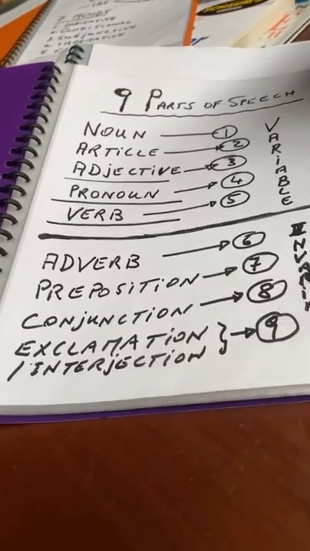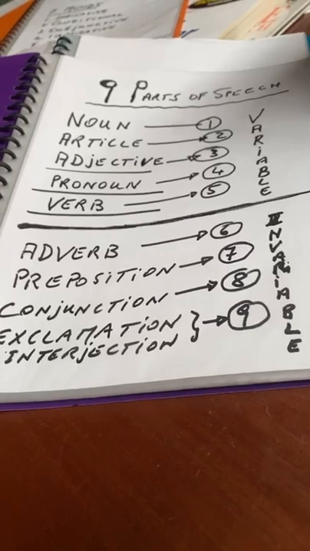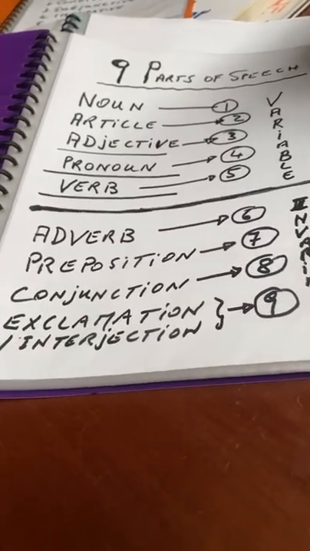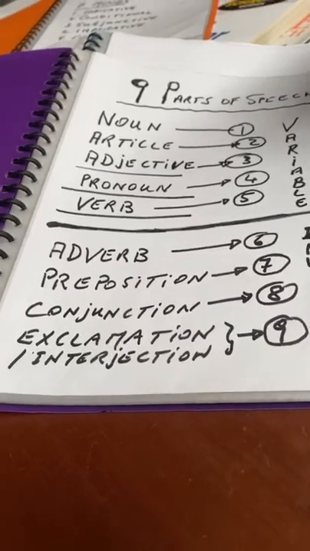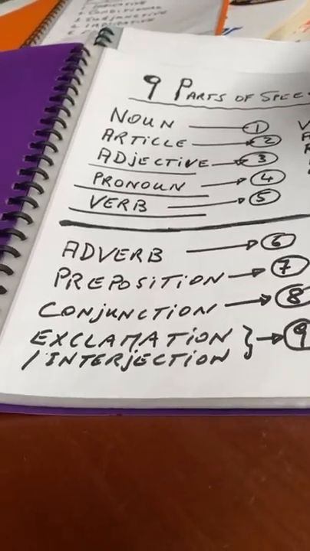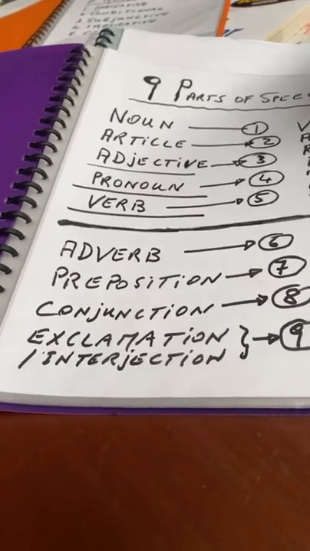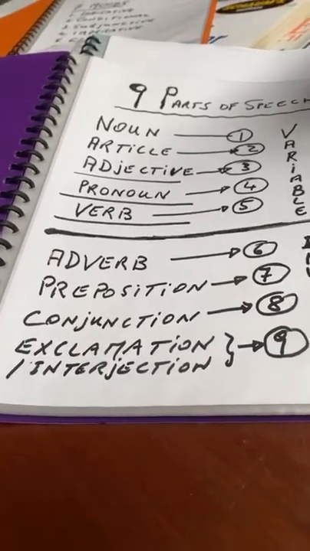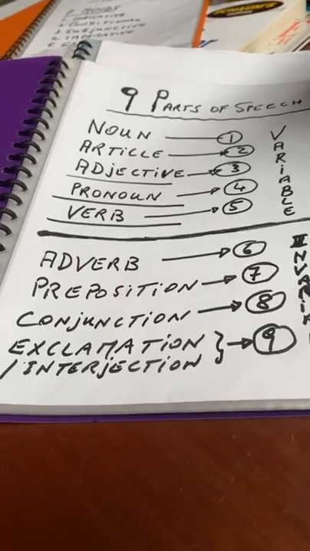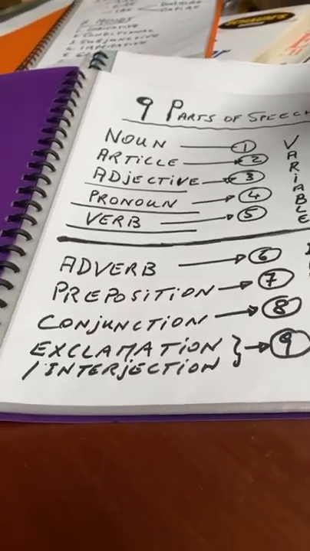Now, one of the things that you can do, they are the invariable parts of speech, and they are the adverbs, the prepositions, the conjunctions, and the exclamations or interjections. So you have to know what each one of these categories is, and then work your way through.